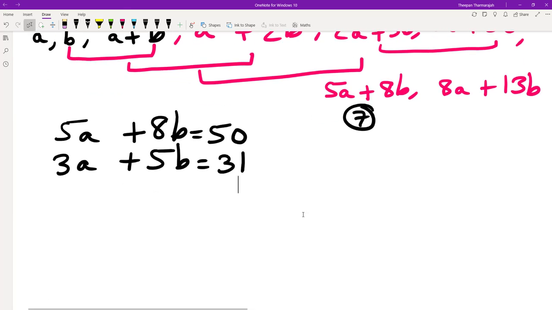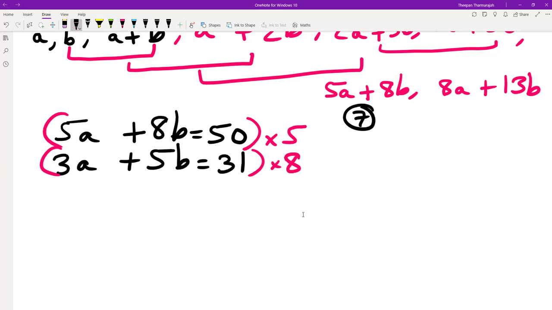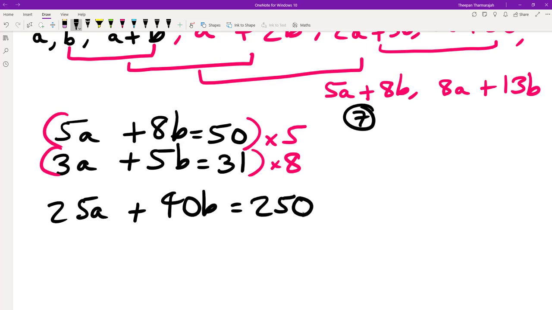So remember, we need to make the b's the same. So I'm going to times the top equation by 5 and times the bottom one by 8. So what that does, it makes the coefficient of b to be the same. So we get 25a plus 40b equals 250.